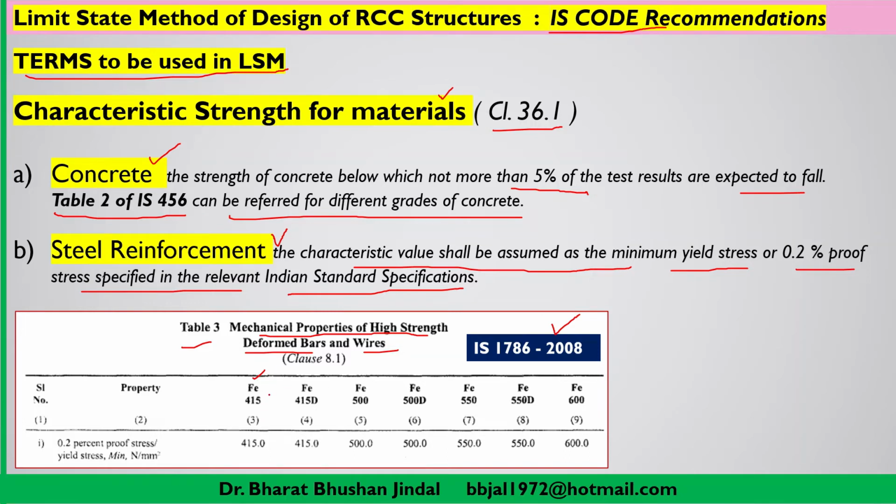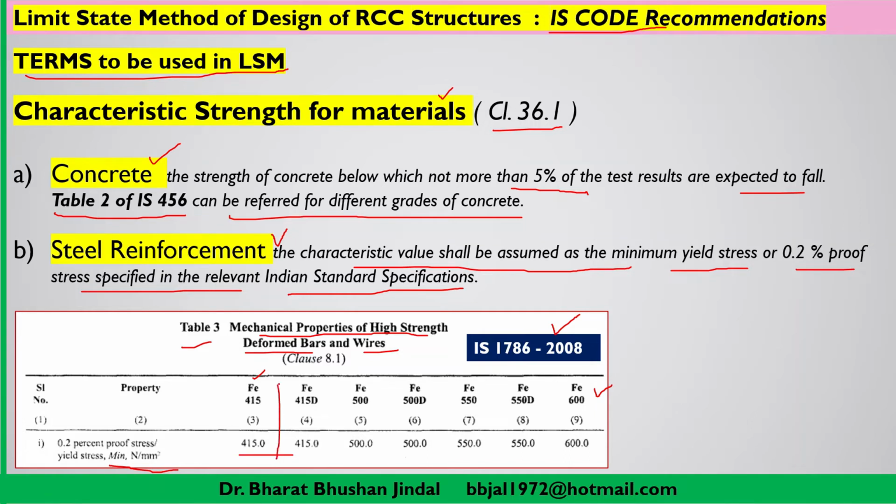It may be Fe 415, 415D, 500, 500D, 550, 550D, and 600. Now, this 600 has been included in the latest revision of this code. The 0.2% proof stress or yield stress is the minimum value, so the mechanical strength, that means the yield strength, is what we will be taking.